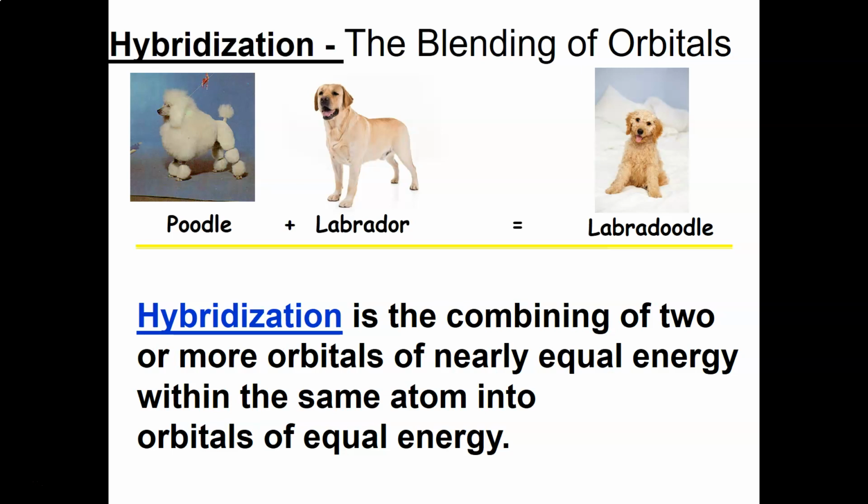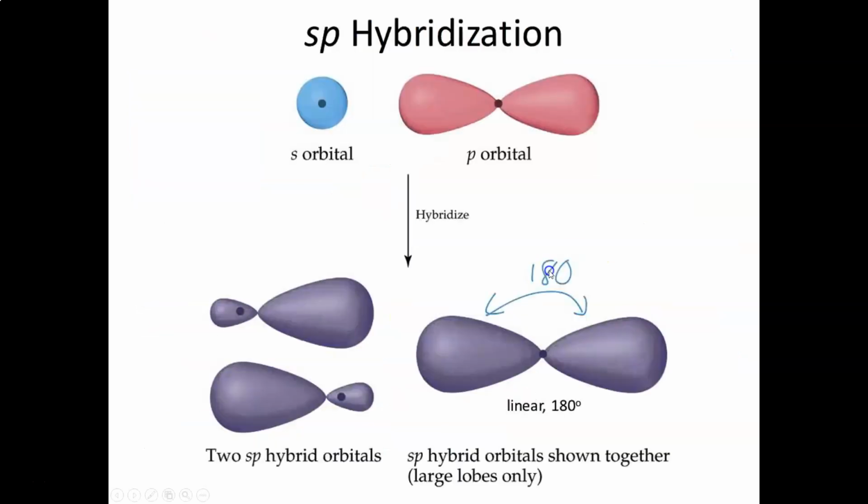Remember, we have s orbitals, we have p orbitals, we have d orbitals, we have f orbitals, and they all have different shapes. So we're going to be combining those different shapes to make new hybridized orbitals.